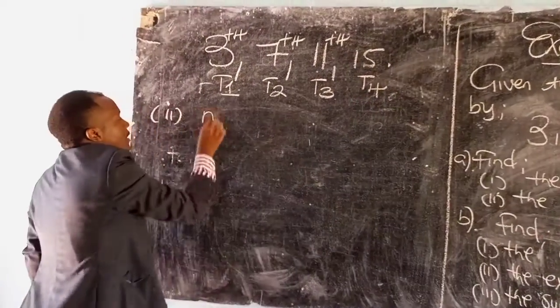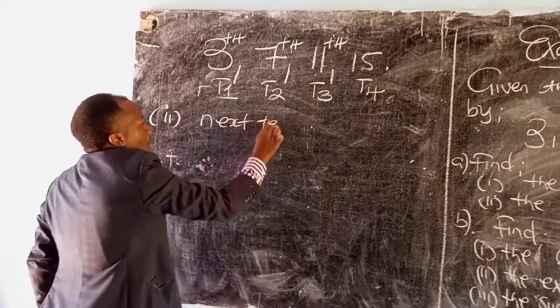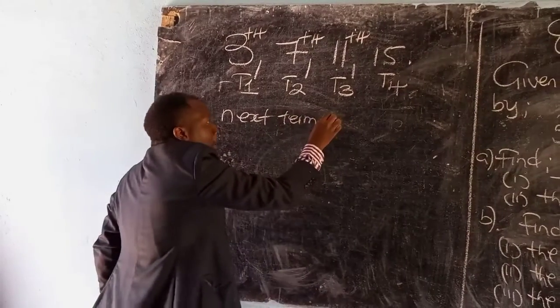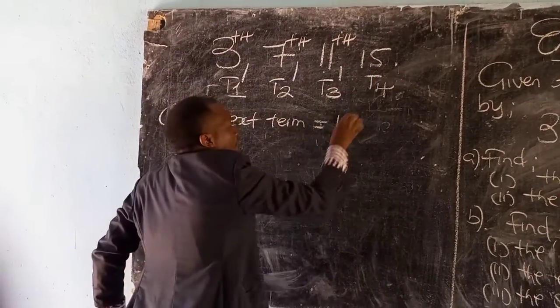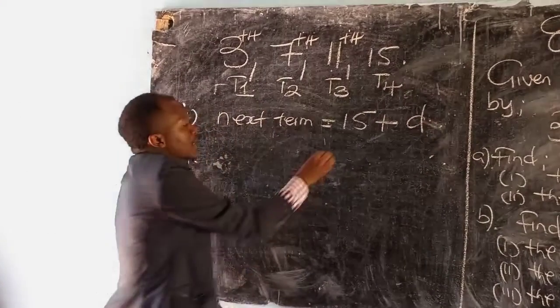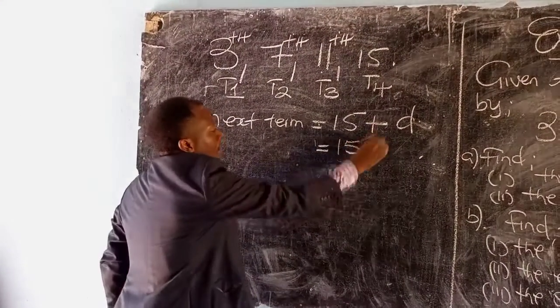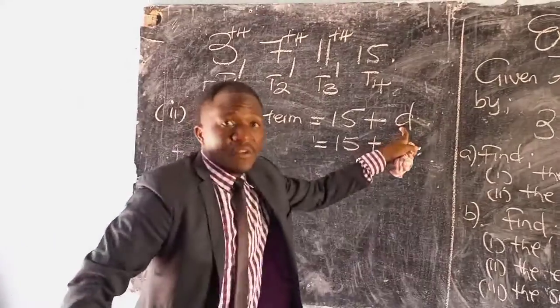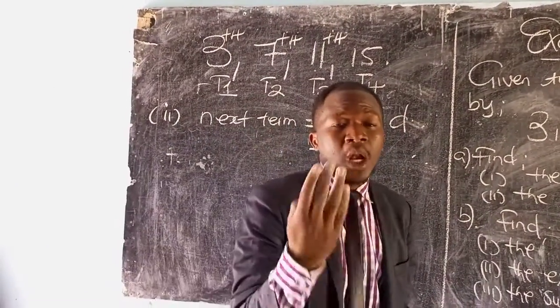So when we talk about next term, we are going to say the next term means the last number in the sequence plus the common difference. So I'm going to say 15 plus our common difference is the number we are looking for.